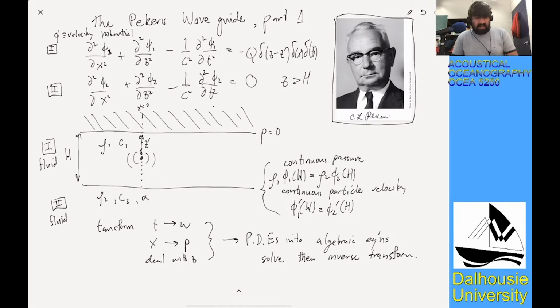And in fact, he solved it in terms of z and r, so in an axially symmetric waveguide. As you saw from the idealized waveguide, that Hankel transform gave us the Hankel function for the range term.